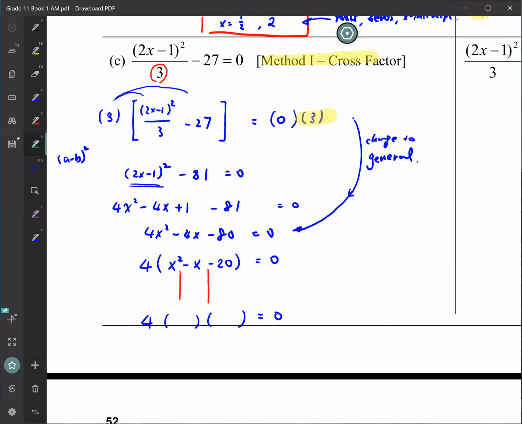For the first term, of course, it's x and x. X times x will make x squared. So please find the next pair.